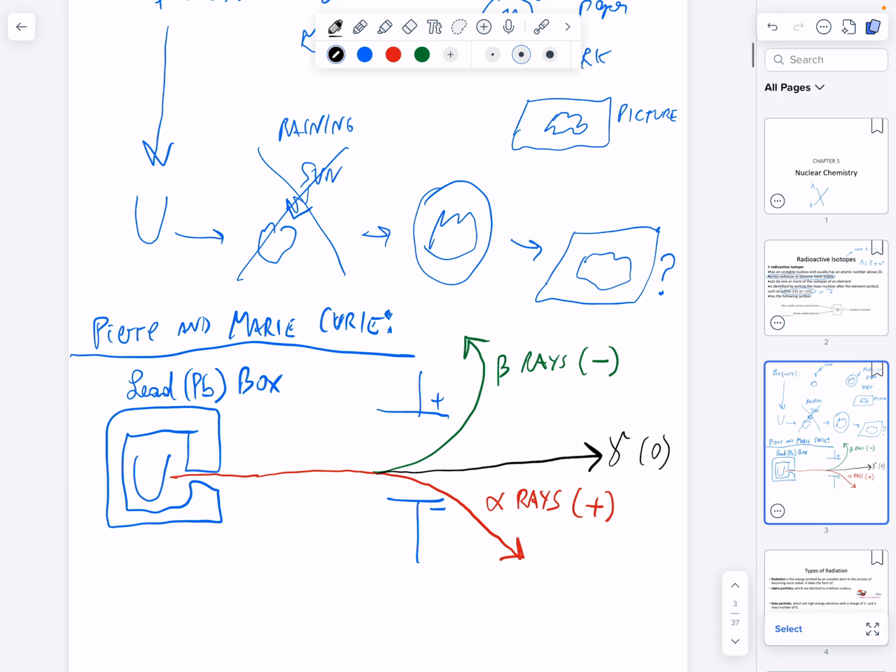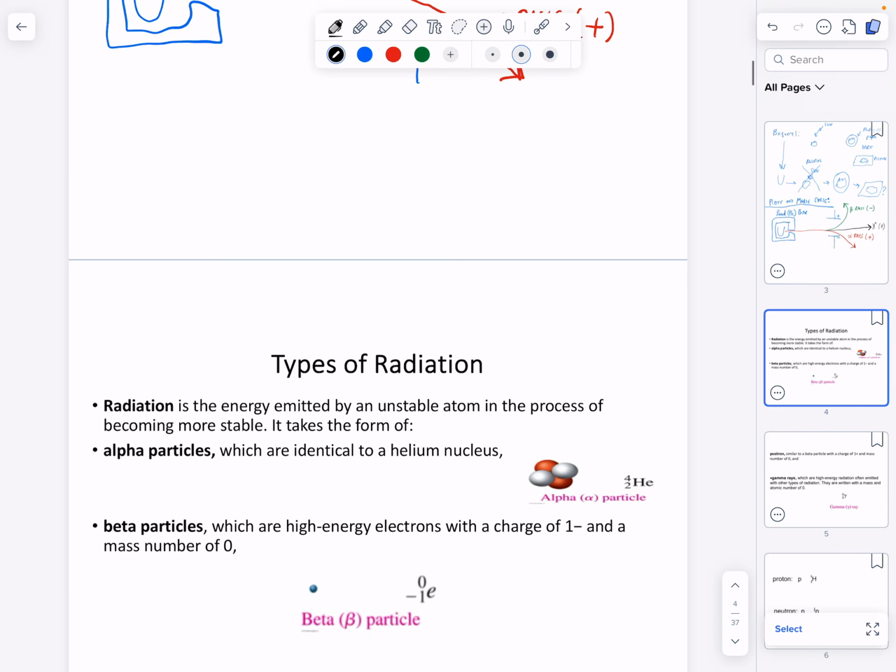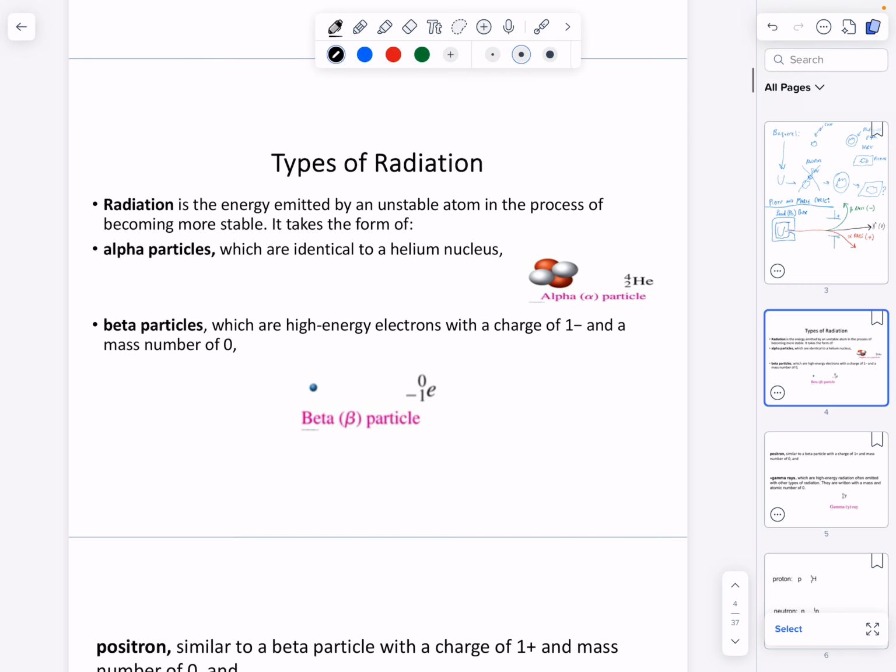Now, types of radiation. What you need to learn here are the particles that produce the radiation. We already talked about the first one, alpha particles, which are positive charges.